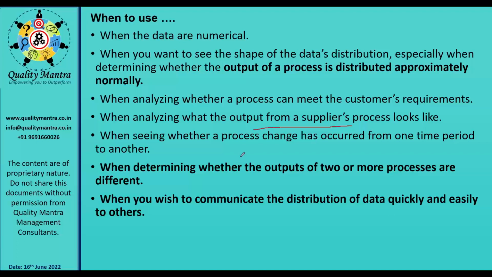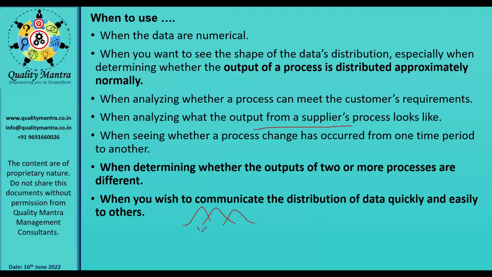When you want to check whether any changes have happened in the process over a period of time, you check two or three months of data altogether and plot a histogram, and if you find multiple peaks, it means your process data is changing over a period of time.